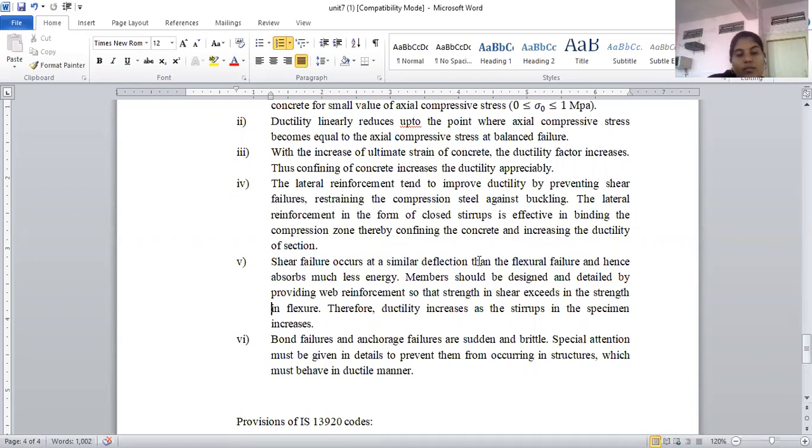And the last point, bond failure and anchorage failures. Bond failures and anchorage failures are sudden and brittle.